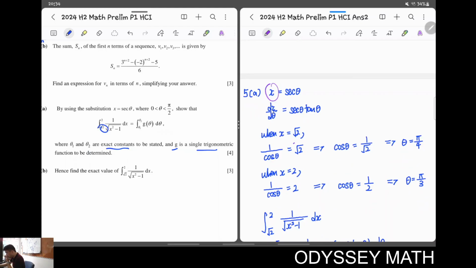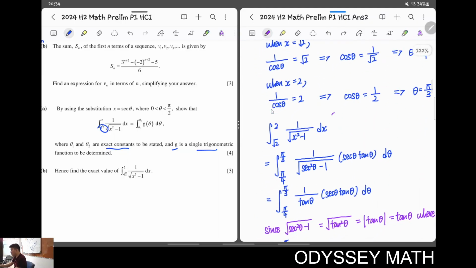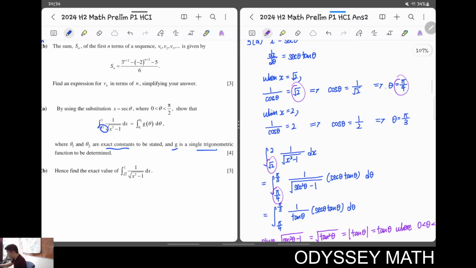So square root 2 equals 1 over cosine theta. You solve for the corresponding theta. Follow? You sub x equals 2 in here. So 2 equals 1 over cosine theta. You solve for the corresponding theta. That means your definite integral in terms of theta will have, instead of square root 2, pi over 4, and instead of 2, pi over 3.